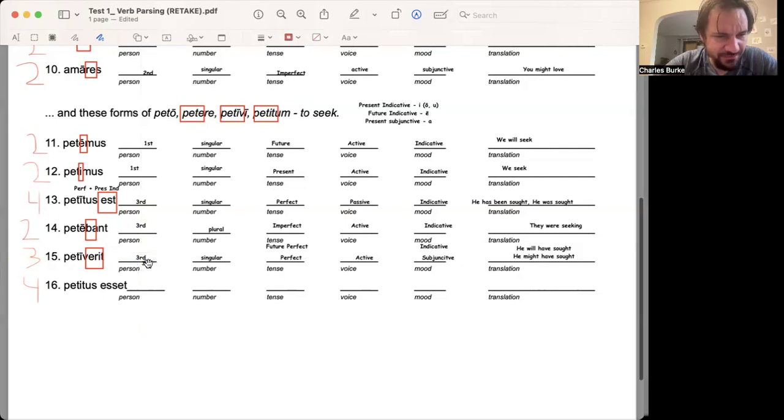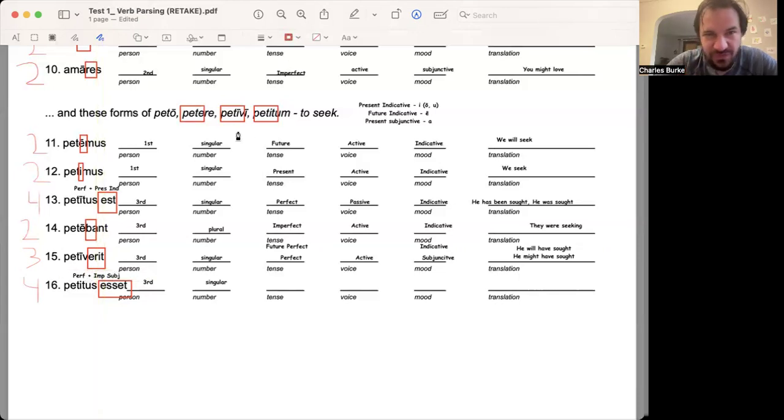Petitus esset. This is your third person singular, right, with the T ending. And then the thing I'm really looking at here to determine its tense is this esset. So earlier we had the perfect passive participle plus the present indicative with est. This time we have the perfect passive participle plus the imperfect subjunctive with esset.